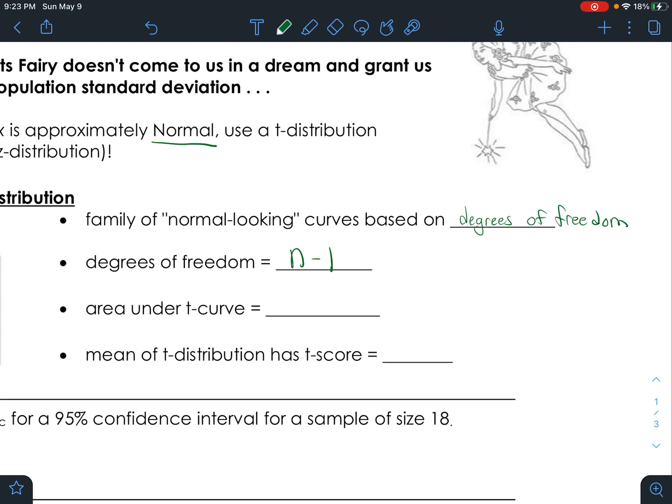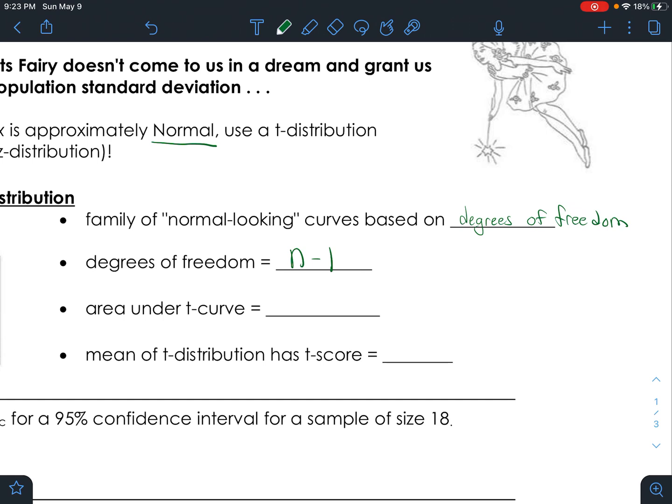The key idea with the degrees of freedom is it's measuring how close to the true normal curve our small sample is. The smaller the degrees of freedom, meaning the smaller the sample is, the further from the normal curve it will be.